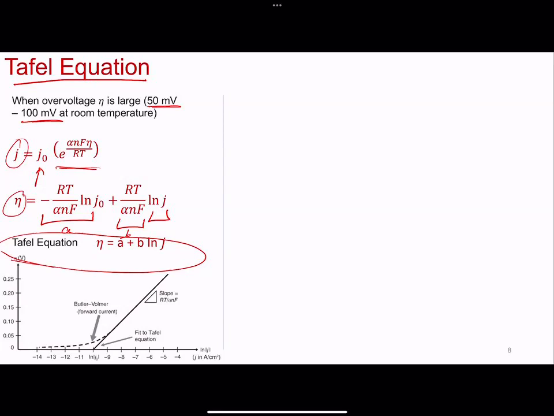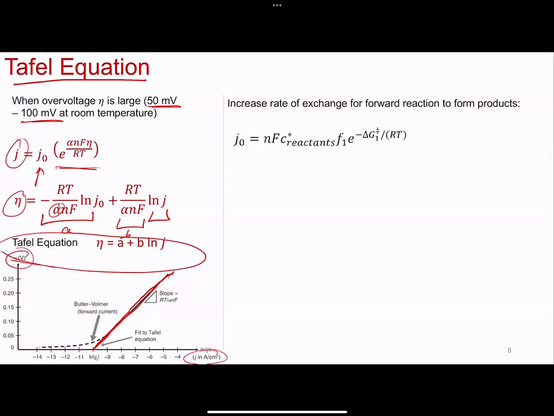I think it's still legible, but basically you can calculate this eta and you can extrapolate and fit what this is for voltage versus the current density, and you can fit the Tafel equation to get out these parameters, alpha and V. All right, so that was a very deep dive into the nitty gritty reaction rates, but that's the explicit derivation of these equations that people use all the time.